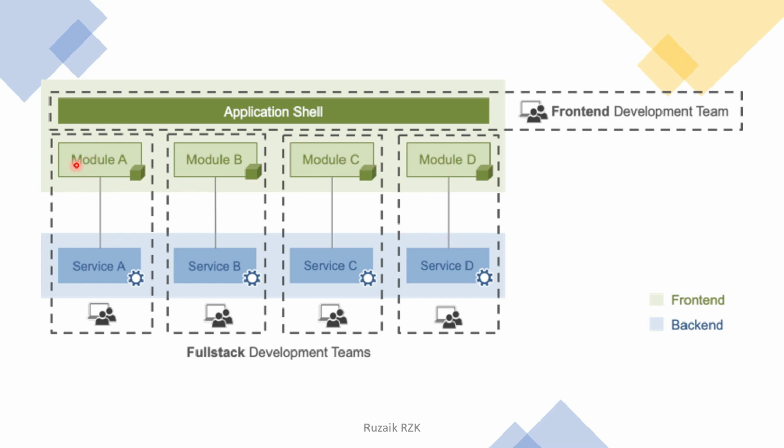So you can see here that module A, the micro frontend, only deals with backend service A. Likewise, there are four micro frontend apps with different technologies or the same technologies, and finally those four separate micro frontend applications are plugged into the main shell application.